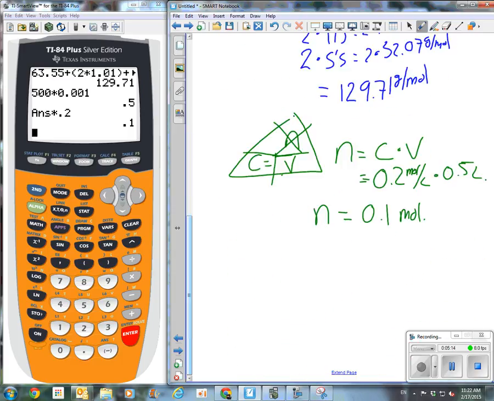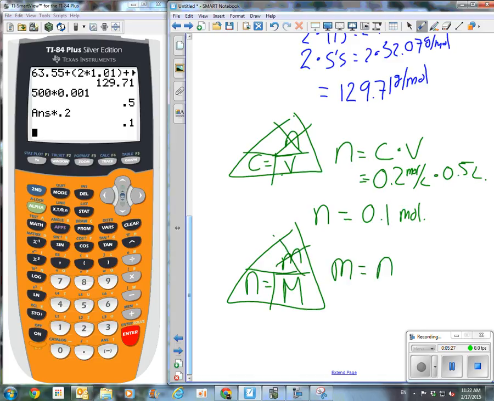So now I'm going to use n equals m over M. Again, rearrange this, since I'm trying to solve for mass. So mass equals the number of moles times the molar mass. In this case, it's 0.1 moles times 129.71 grams per mole. Moles would cancel out.